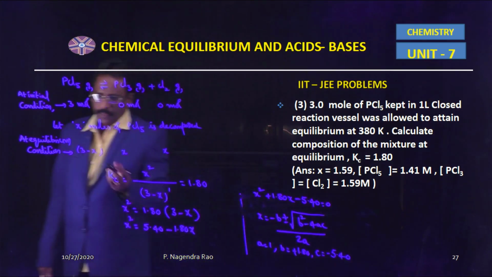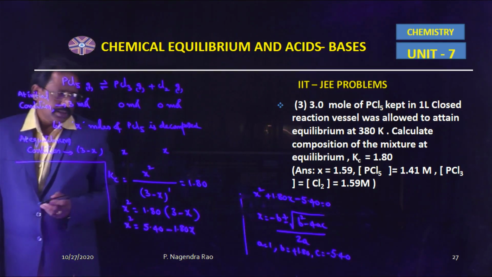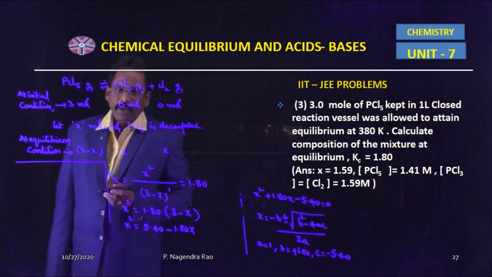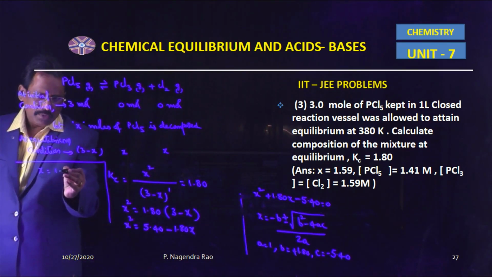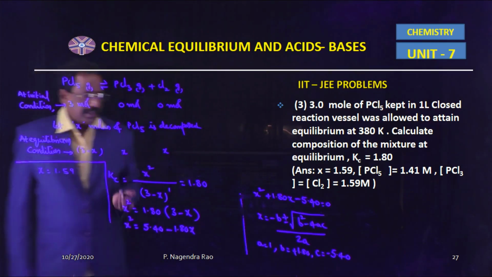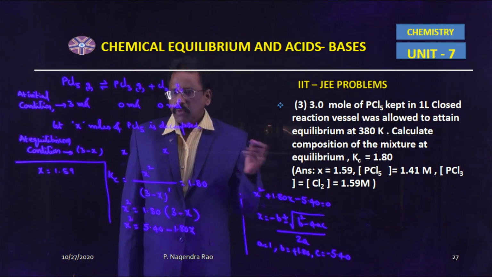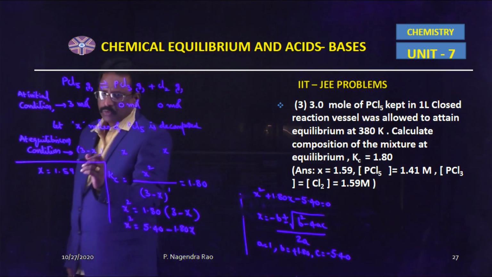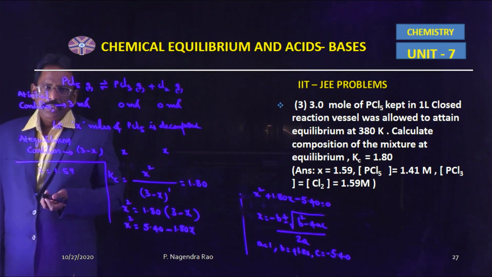And then after solving this equation, one of the values of x is 1.59. The other one is expressed with a negative sign. That's why omit that one and take the positive value only. So the value of x is equal to 1.59 moles per liter.